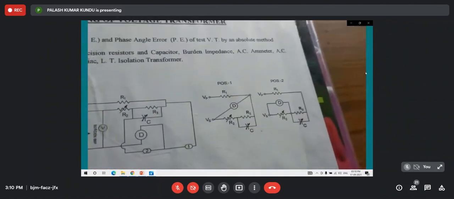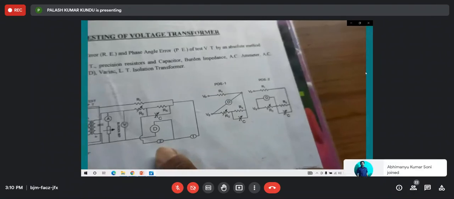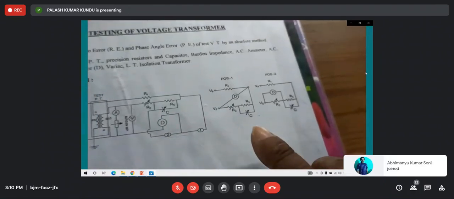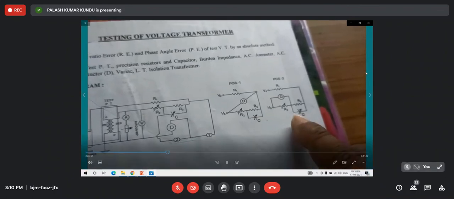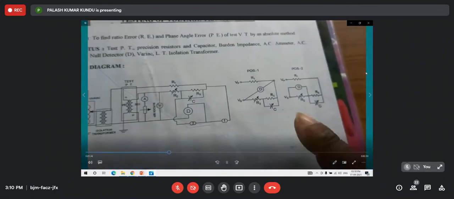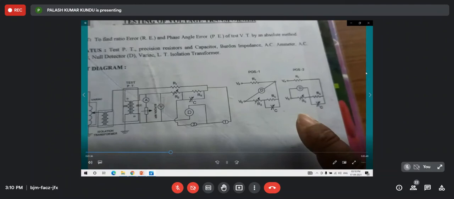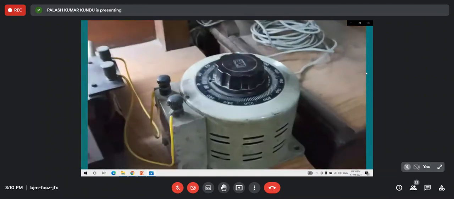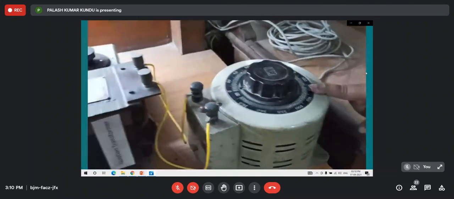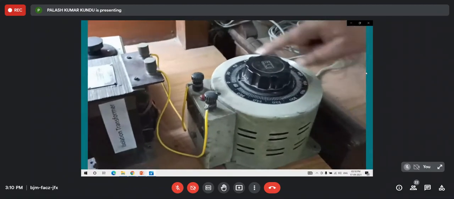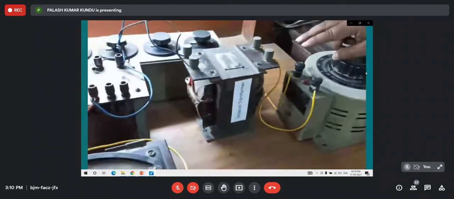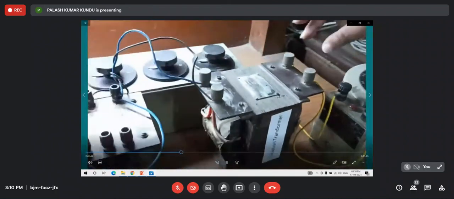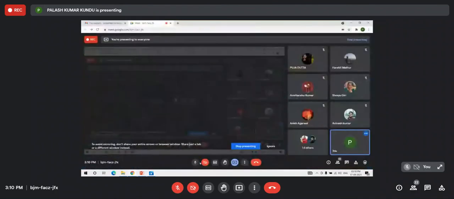Selector switch for position 1 and position 2: position 1 is used for the equivalent circuit and position 2 for the other equivalent circuit. Any one of these positions we can use. This variac output voltage is 0 to 270 variable voltage, and next the isolation transformer.